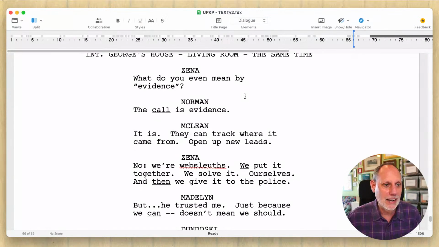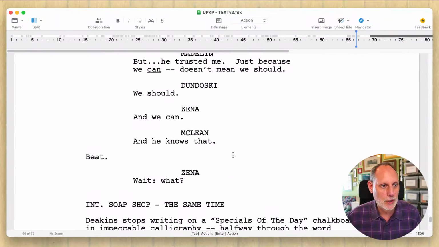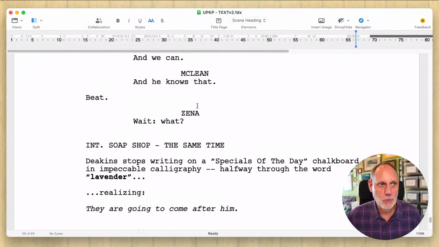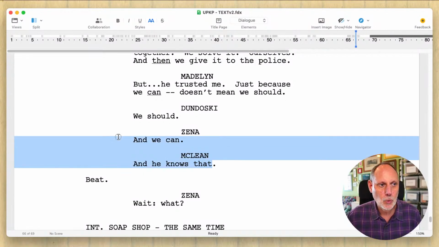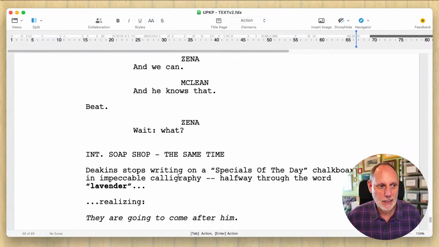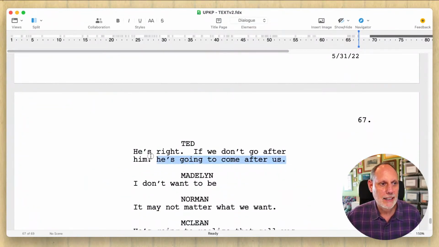And yet, here I get to where he says, he knows that. Wait, what? Which is the point at which they're saying, we can, and he knows that. And then, going down here, they say, he's right.